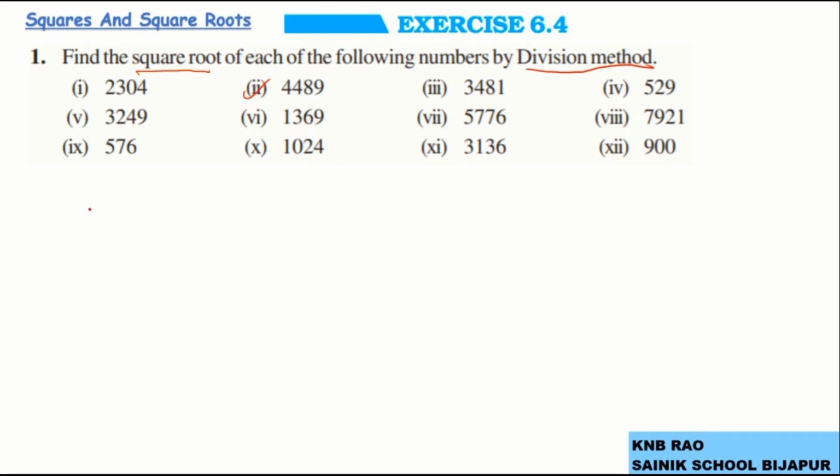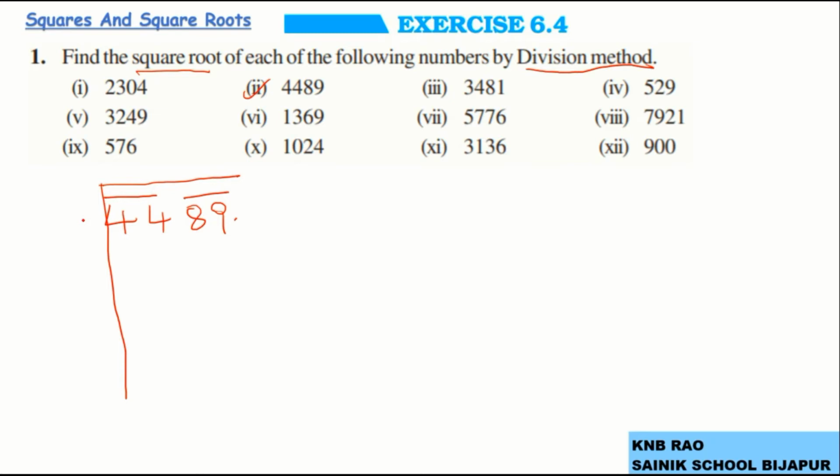While finding the square root of 4489, the first step is making the pairs. See children, while making the pairs, we start from the units end and move towards the left. The leftmost pair is 44.